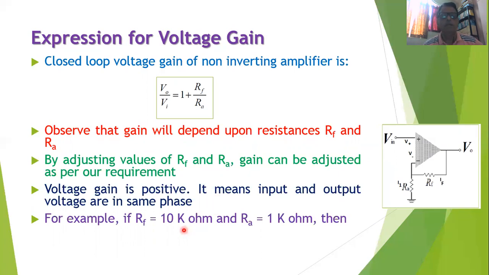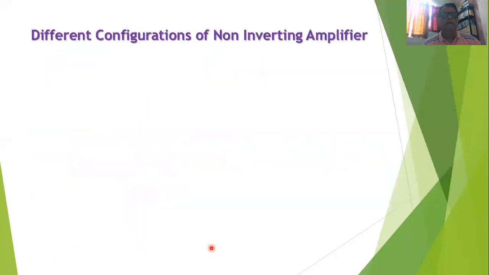Say for example, if the value of Rf is equal to 10 kilo ohm and the value of Ra is equal to 1 kilo ohm, then the voltage gain can be written as 1 plus 10k divided by 1k, which is equal to 1 plus 10, that is equal to 11. It is possible that we can make use of the non-inverting amplifier in different configurations.